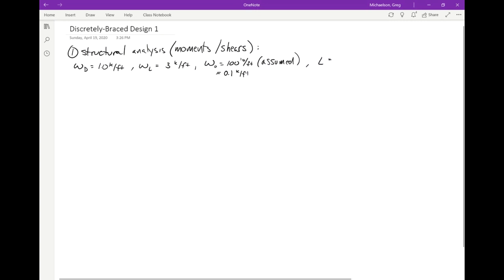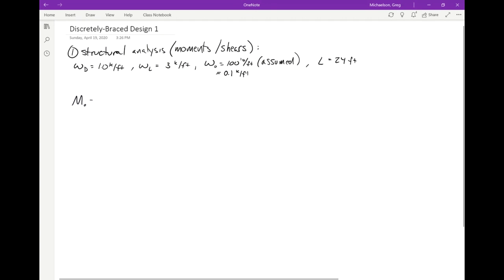And we have an L of 24 feet. Okay, so what I'm about to do, and I'm usually a little more verbose when I write all this stuff out, but I'm going to do it a little fast just because I think by now we should be pretty comfortable with this.